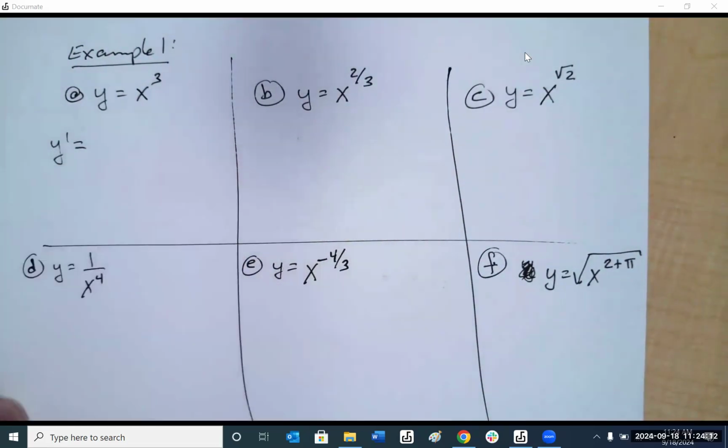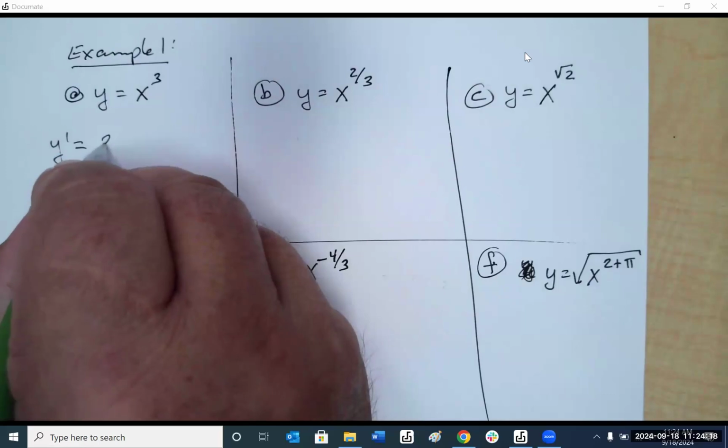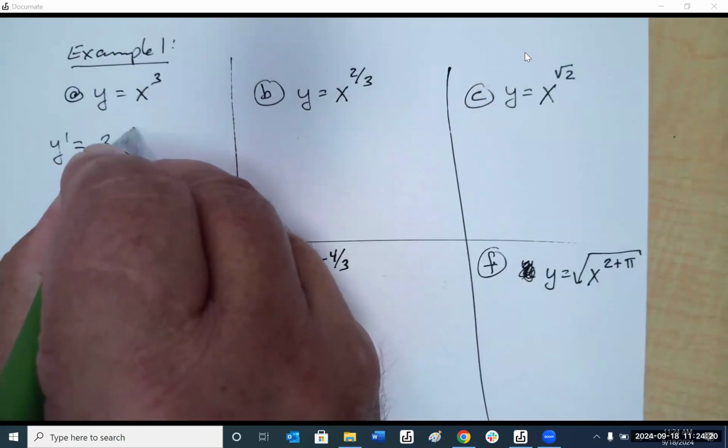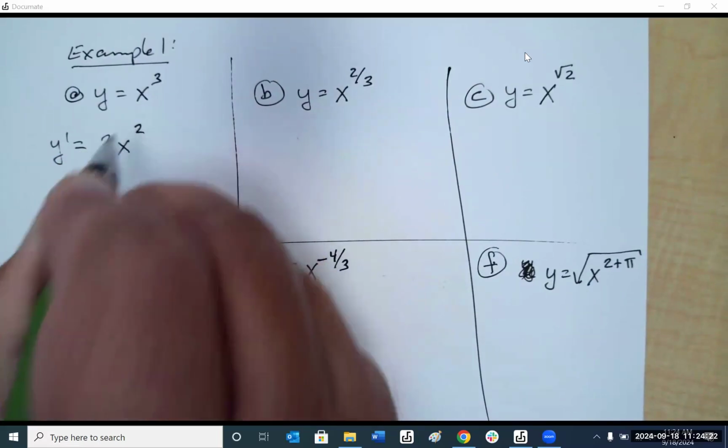So the first one, what's my first derivative? Which is 2.